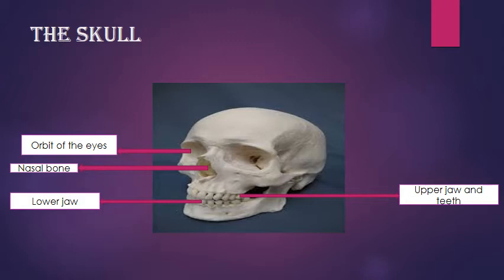The front part of our head is made up of 14 facial bones, and the upper part is made up of 8 flat bones.